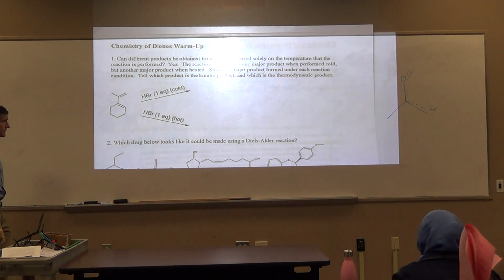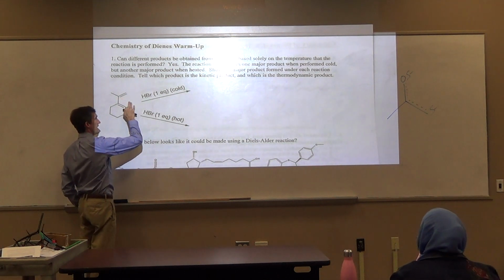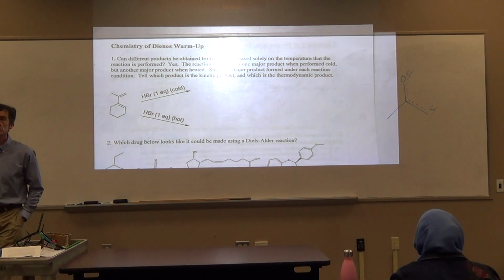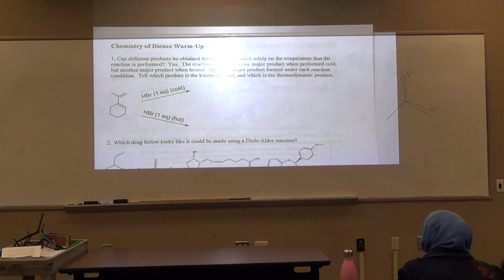What we're going to see here is something interesting. We can do a good old classical reaction, hydrohalogenation with HBr, adding across a pi bond. But it turns out you can get different products depending on if your reaction is cold or hot. Why? What's going on here? And what is the mechanistic rationale for this?